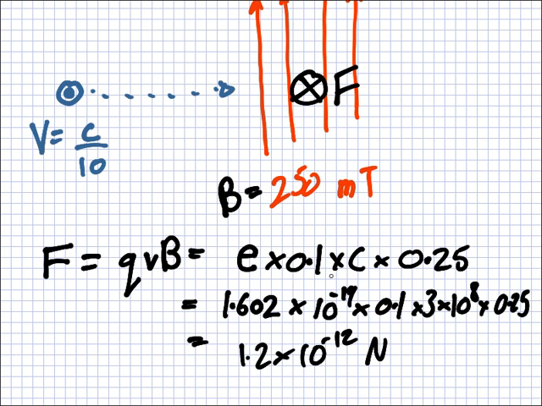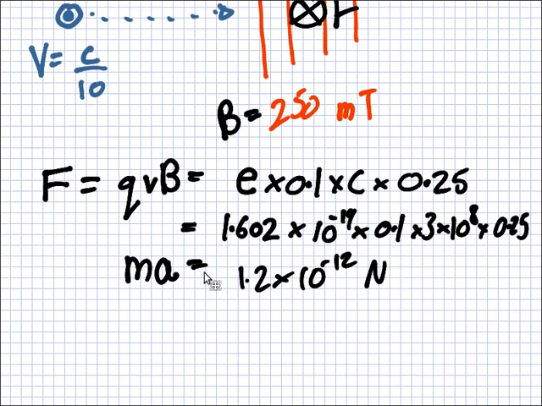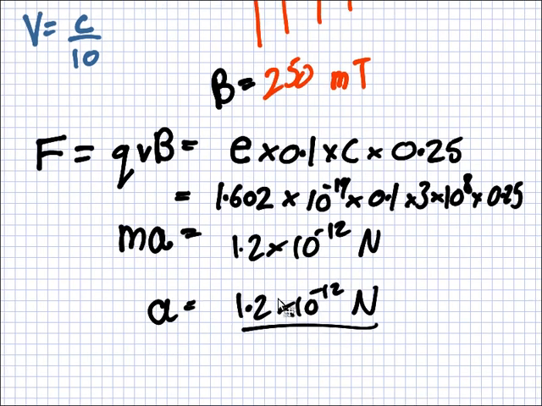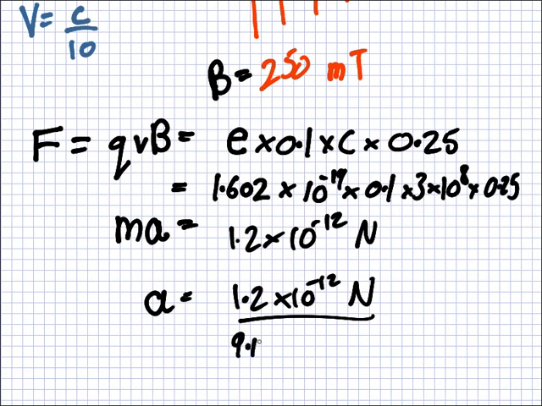How would I get the acceleration here? Yeah, you can say F is ma. So to get the a, I just take my answer and divide it by the mass of an electron, which is 9.11 times 10 to the minus 31. If you put that in now, what do we get?